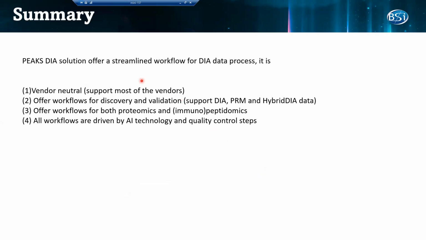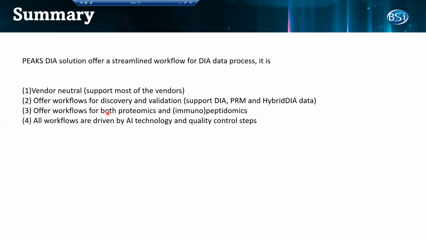Now here is the summarization. For the PIX DIA solution, we have some unique features. The first one is that we are vendor neutral. We support most of the vendors. And we offer the workflow from discovery, including discovery and validation. From the data type, we support DIA-PRM and the hybrid DIA data.